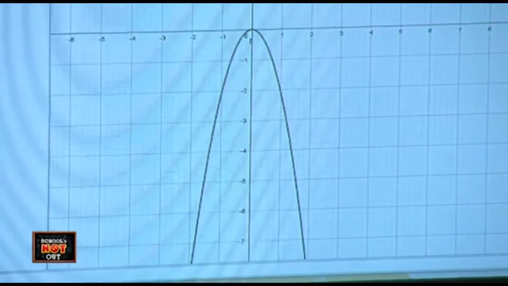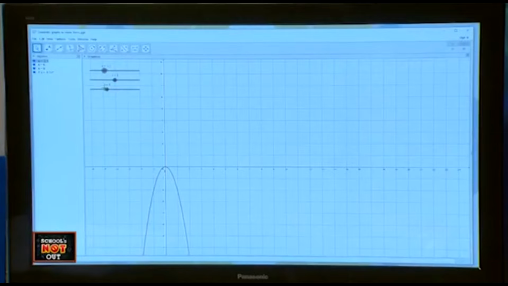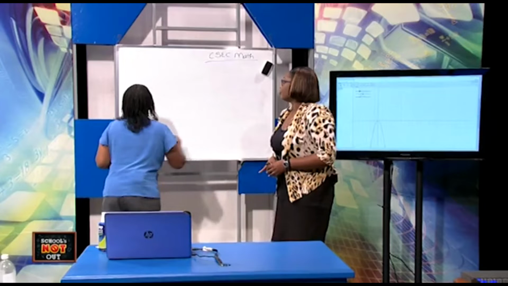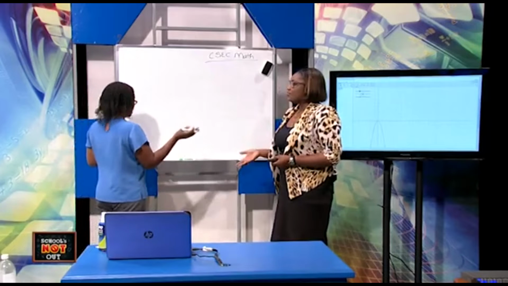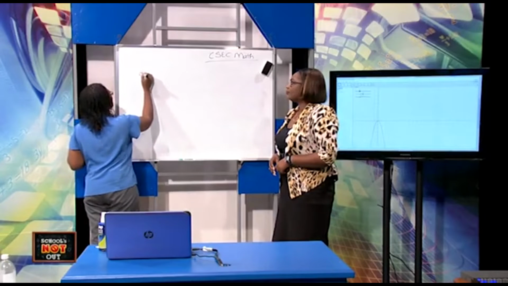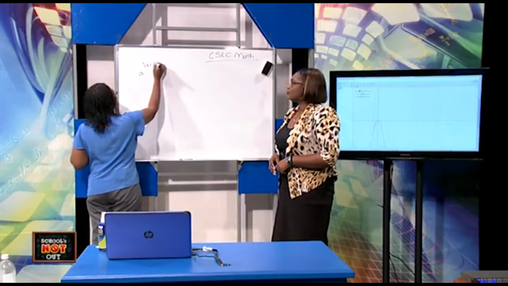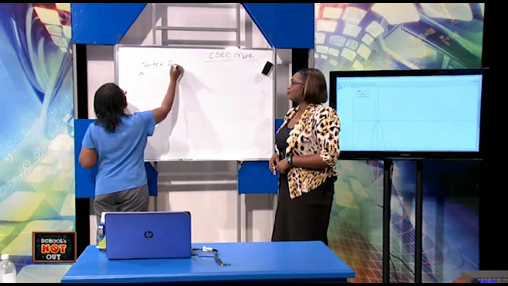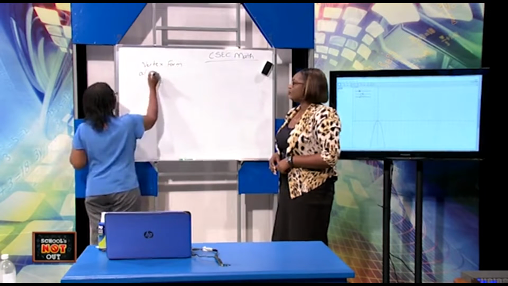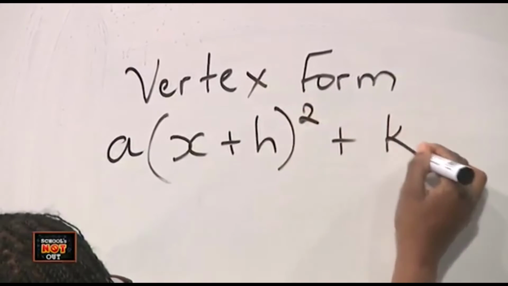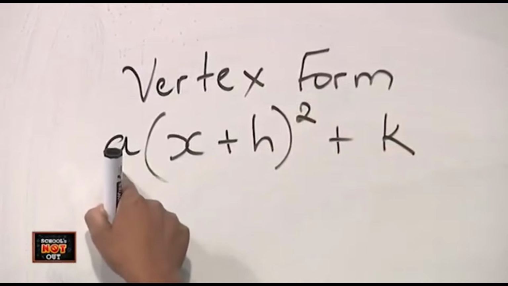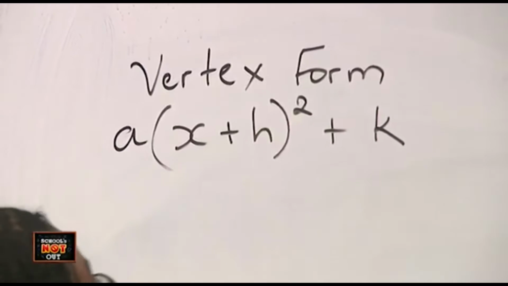All right. Now, I want to point out something here. Let's get on the board quickly, that our quadratic functions can be written in vertex form. So we're talking about writing it in vertex form. We mentioned A earlier, so this is what we were referring to just now.